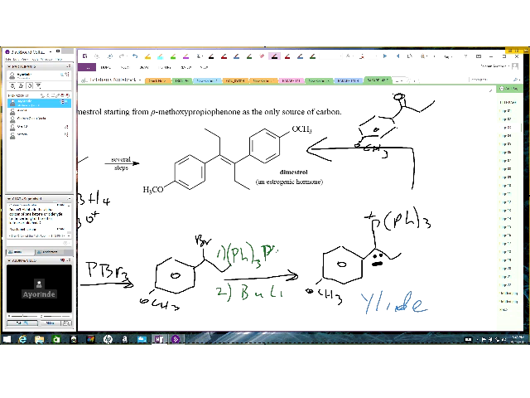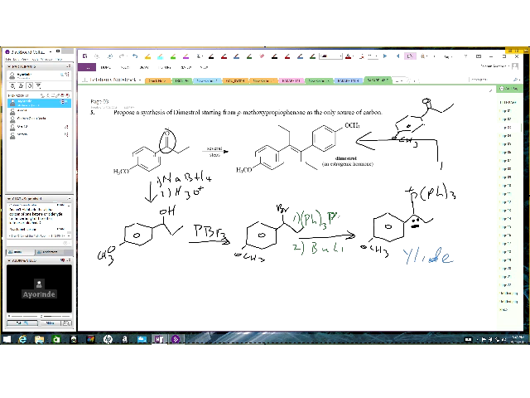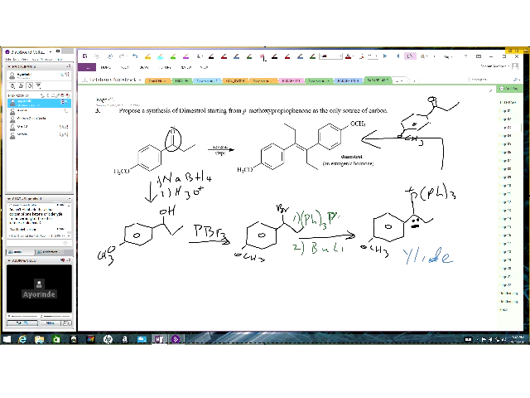So what have we done here? Let me go ahead and bring everything into focus. We make our Wittig by reducing the ketone with sodium borohydride. We get the secondary alcohol.